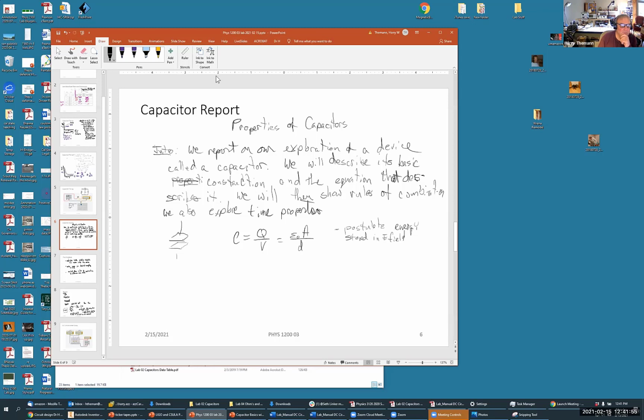And so you could say, look, if we have a battery and we have a capacitor, there's a certain amount of Q, for example, and this has some voltage, that kind of thing.